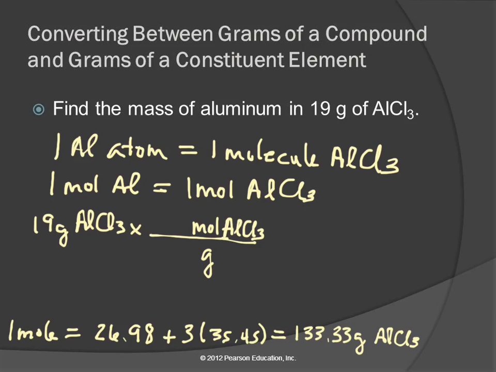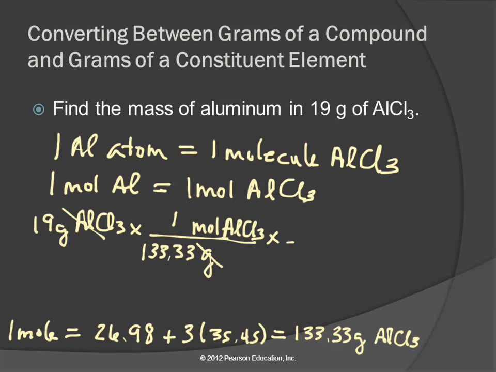So that allows us to take this mass of aluminum chloride that we're given and convert it into moles of aluminum chloride. These units cancel out. So now we have moles of aluminum chloride, and what we just figured out is that if we have 1 mole of aluminum chloride, we have 1 mole of aluminum atoms.